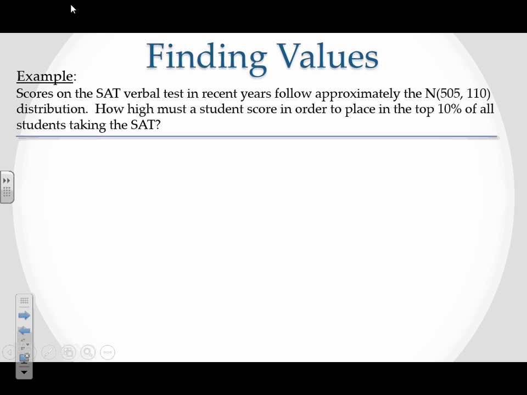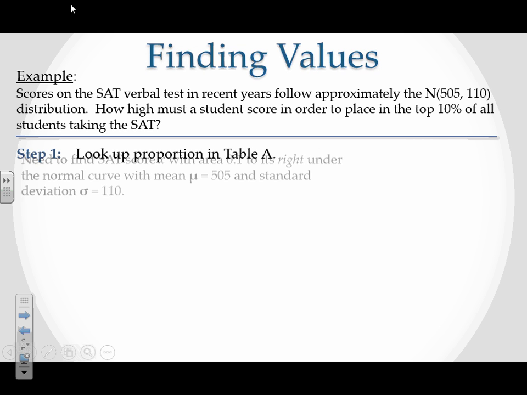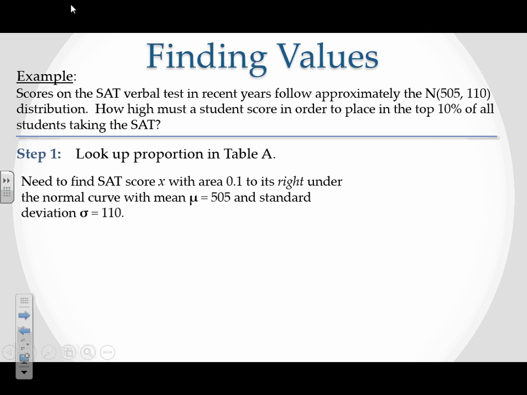So one of the things you have to be very careful with as far as using table A, you need to make sure that you're starting off with the correct percentage. Everything needs to be in terms of a percentage left of your cutoff point. So if they're having you look for the top 10%, that means 10% is right of your cutoff value, which leaves 90% to be left of your particular value. So 90% is the pertinent percentage for this particular problem.